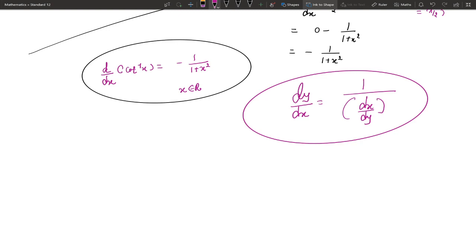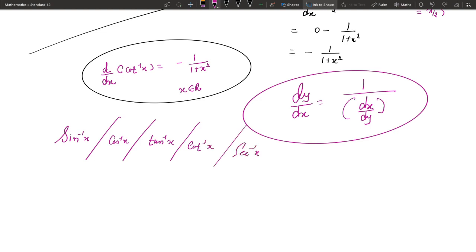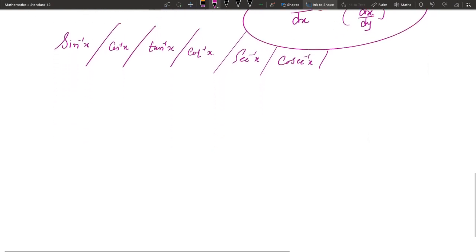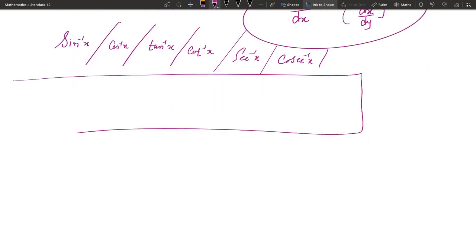One can get differentiation of all the 6 inverse trigonometric functions: sin inverse x, cos inverse x, tan inverse x, cot inverse x, sec inverse x, and cosec inverse x.